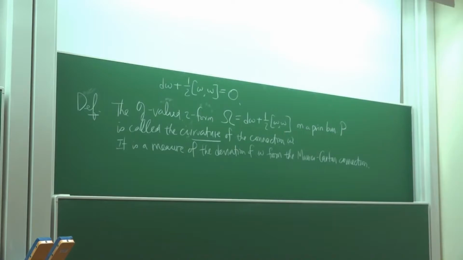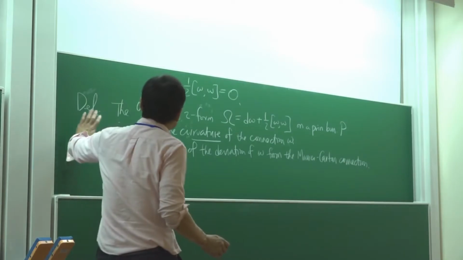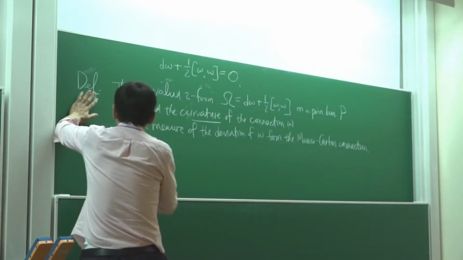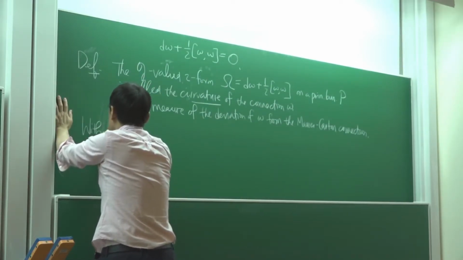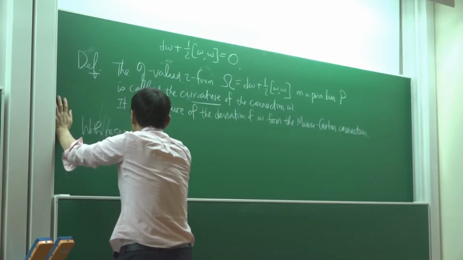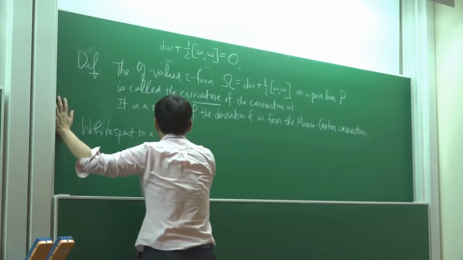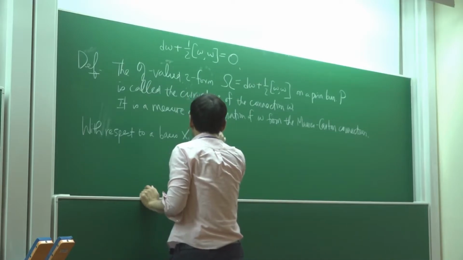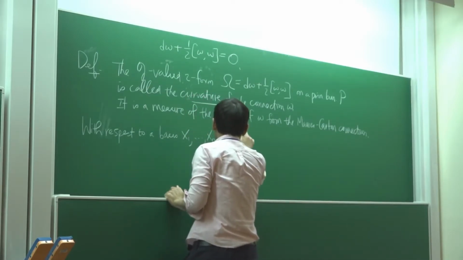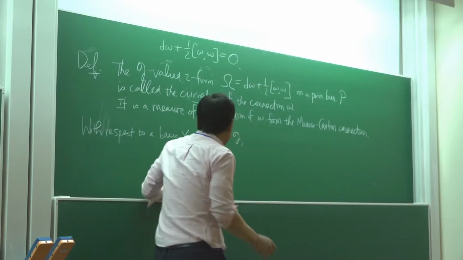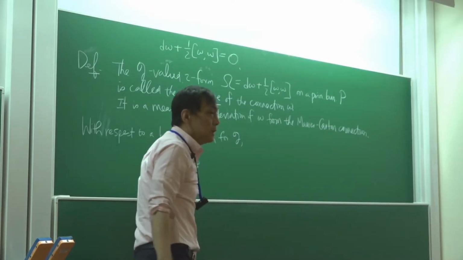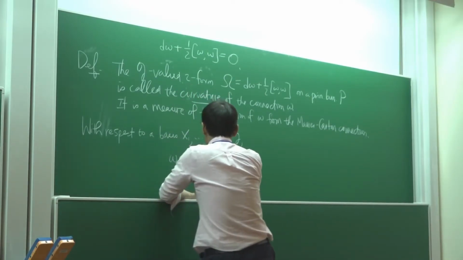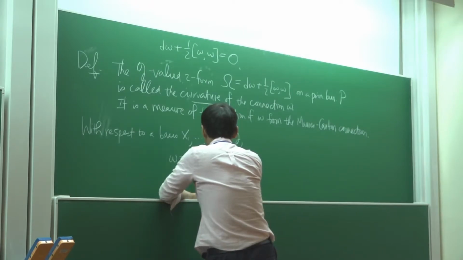And so both the connection and the curvature can be written with respect to a basis. So with respect to a basis x1 to xn for the Lie algebra, omega is going to be a linear combination of the xk's. Okay.